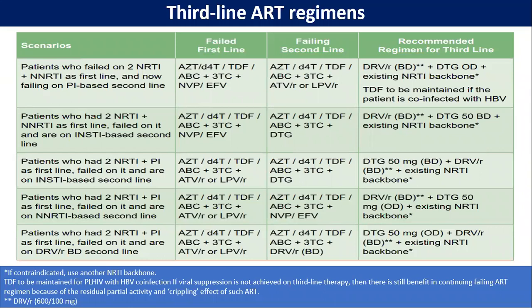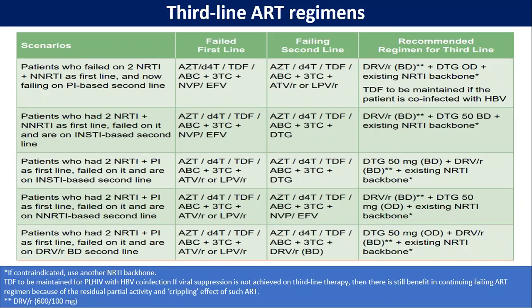If such a patient fails first line, then as we have seen earlier, we give atazanavir-ritonavir or lopinavir-ritonavir. In third line, we will be giving darunavir-ritonavir BD and dolutegravir OD because the patient was not exposed to dolutegravir earlier, and the existing NRTI backbone to be continued. In case the patient has hepatitis B, we should continue tenofovir.